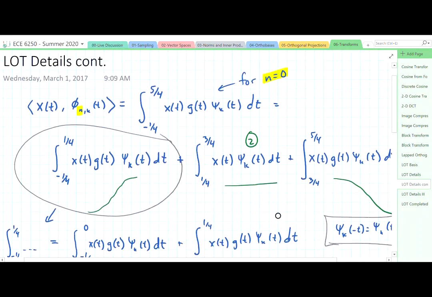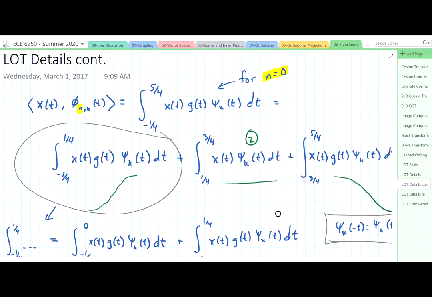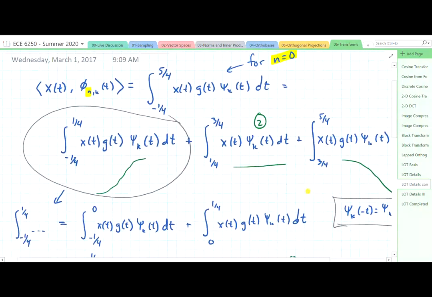Okay, so here we have our projection that we're looking at, and we're going to divide this into 3 regions. The first region will be the rising edge of our window, so that's -1/4 to 1/4.